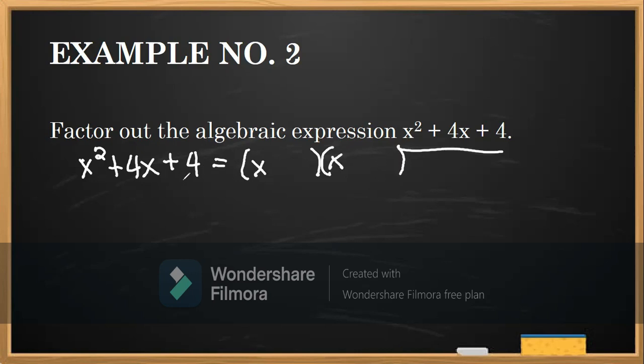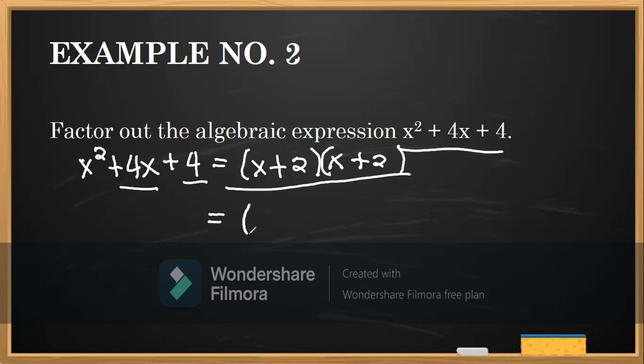What are the factors that will satisfy the product, which is equal to 4, and the sum, which is equal to 4? Since it's a perfect square trinomial, this is x plus 2 and x plus 2. You can consider these factors, but to make it shorter, we write it in terms of exponent.